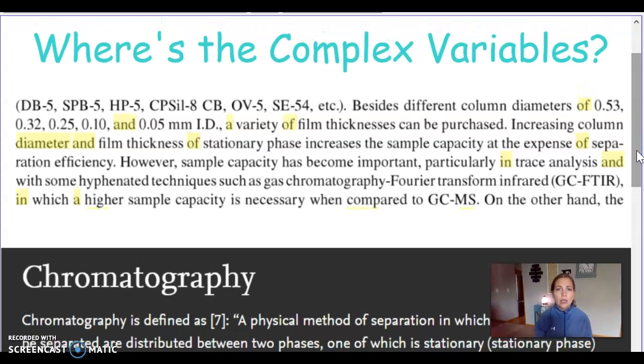A process that they use is right here. It's called gas chromatography, and they're using the Fourier transform infrared. So they actually use our complex variables, our process of the Fourier analysis, to study and figure out how the oil breaks apart.